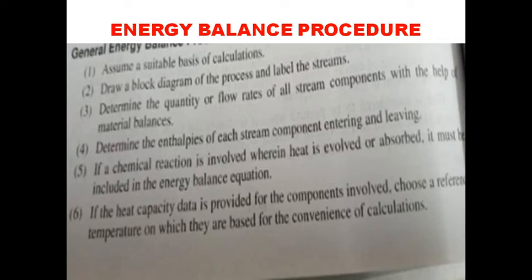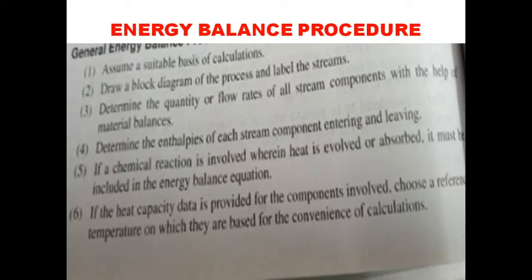General energy balance procedure. The first step, assume a suitable basis of calculation. Second step, draw a block diagram of the process and label the streams. Third step, determine the quantity or flow rate of all stream components with the help of material balance. Fourth step, determine the enthalpy of each stream component entering and leaving.